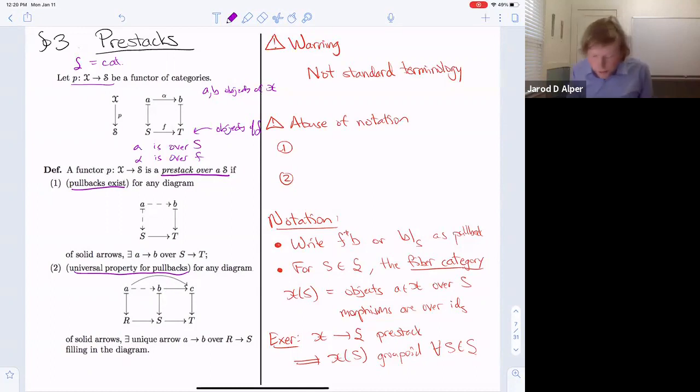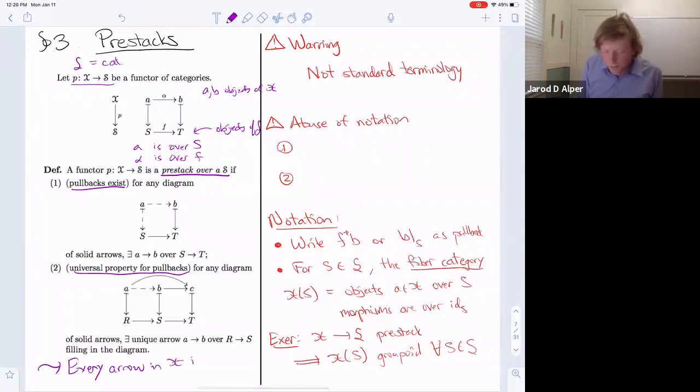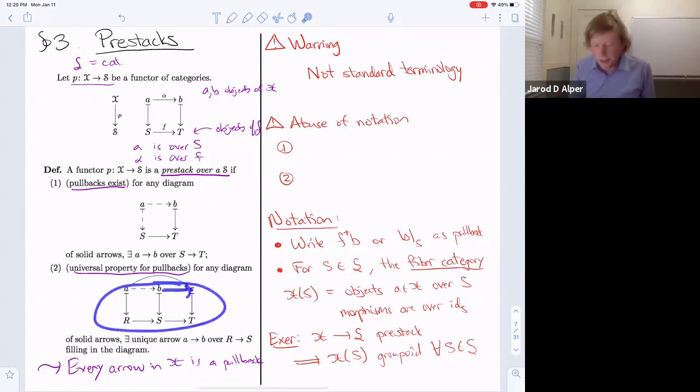In fact, if you think about what condition 2 is saying, it's saying a little bit more. It's also saying that every arrow in X is a pullback. In a different language, you say that a morphism B to C satisfying this property is Cartesian, and we're requiring that every arrow in the category is Cartesian.